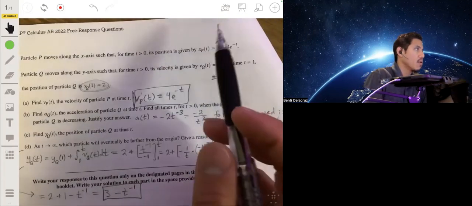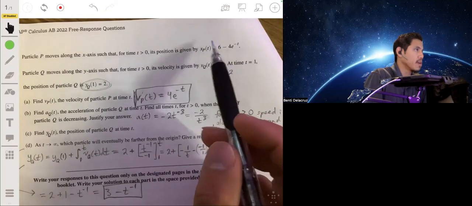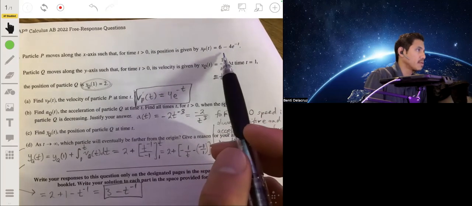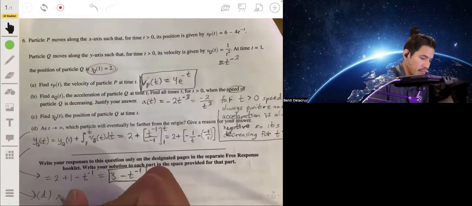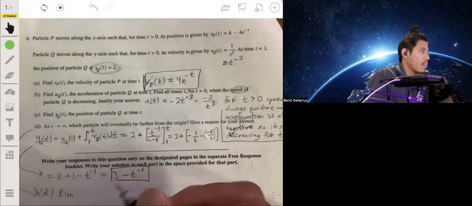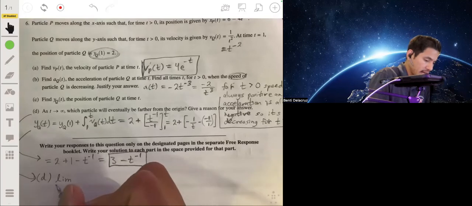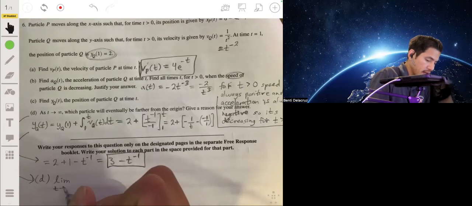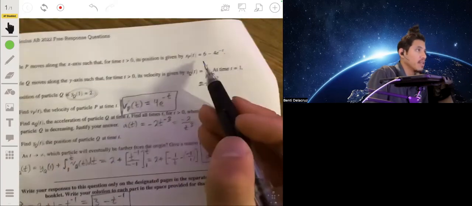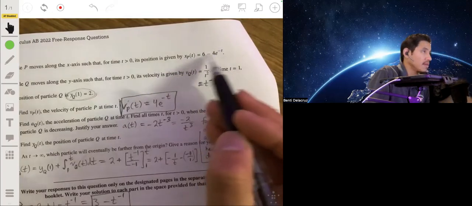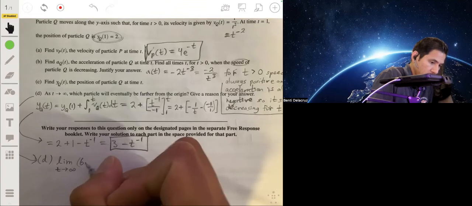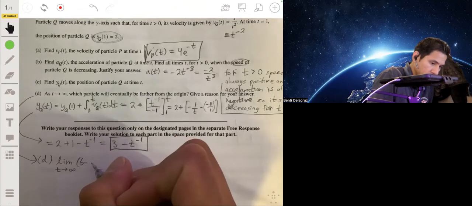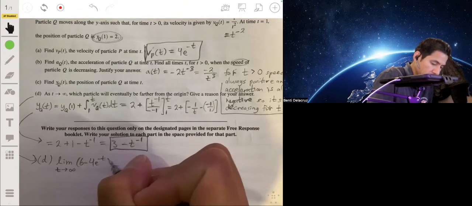So we're given the position function for particle p. So we simply are going to be determining the limit as t goes to infinity of this expression, 6 minus 4e to the negative t.